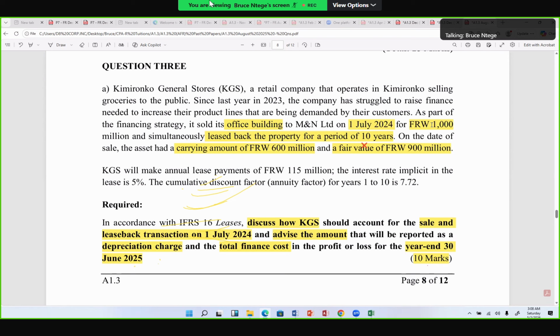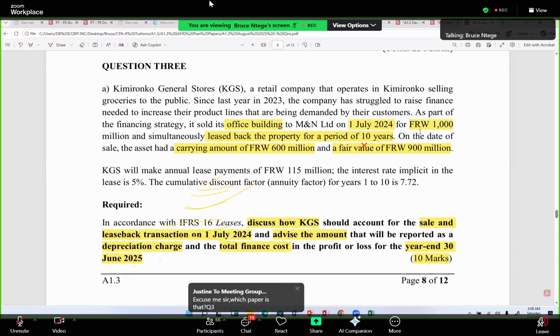They have made an abnormal profit. They should be selling it at 900, but they've sold it at 1,000. So there's an excess money they've made, an excess profit. In the total profit of 400, 1,000 minus 600, there's excess profit or abnormal profit of 100, which we shall recognize as a financial liability. I hope you see that now.